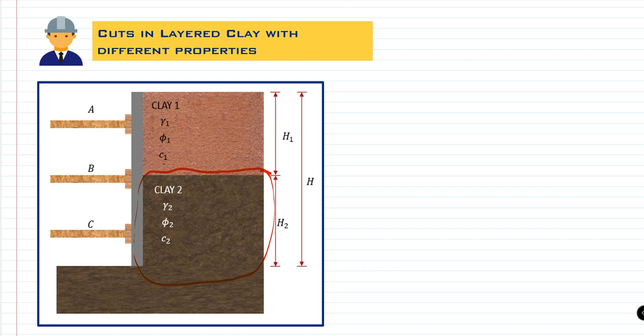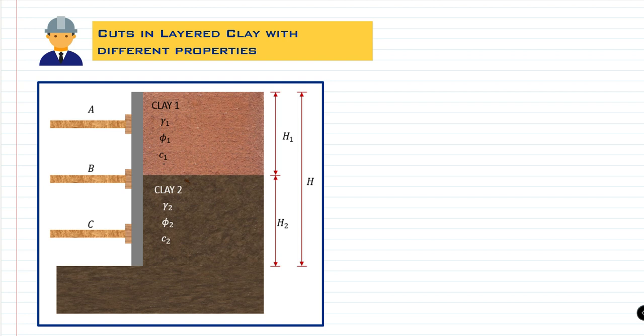So, for clay number 1, si clay number 1, syempre may sarili yung unit weight which is gamma 1. Meron niyang angle of internal friction, phi sub 1, and may sarili yung cohesion. So, that is C sub 1.